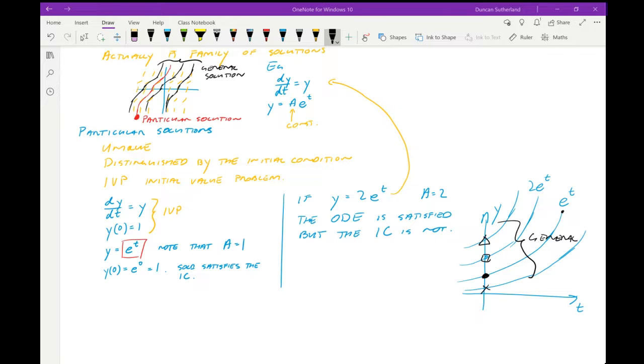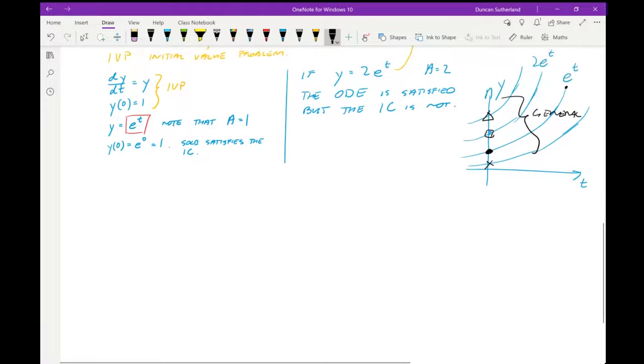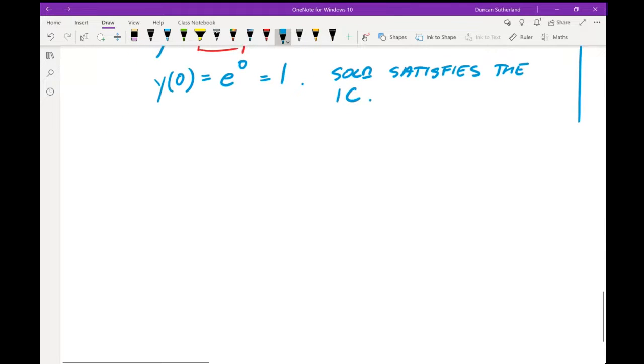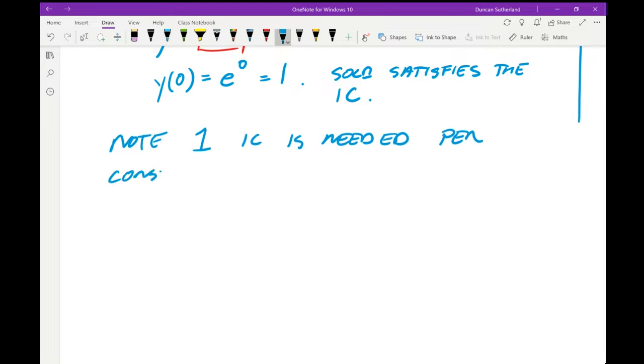Note: one initial condition is needed per constant of integration.